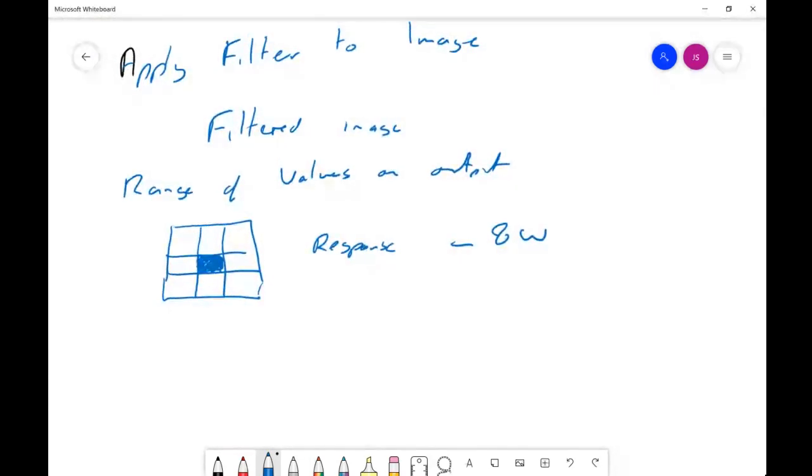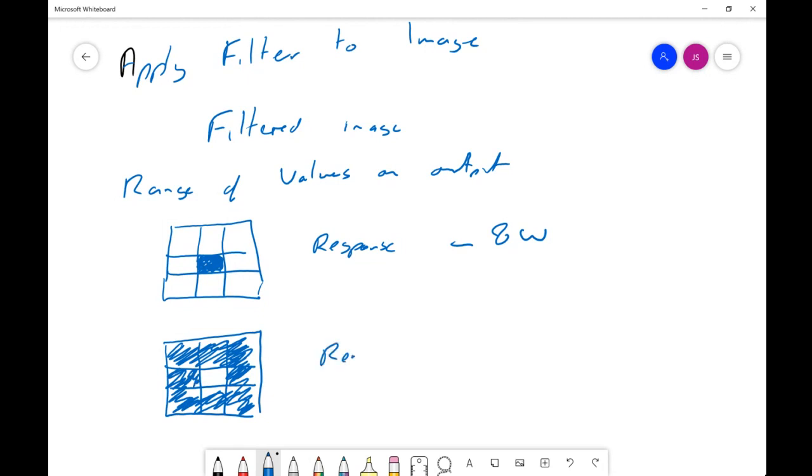If I now take the extreme opposite of this image, where I've got black around the outside, absolute black, and white in the center, the response is going to be plus 8W.